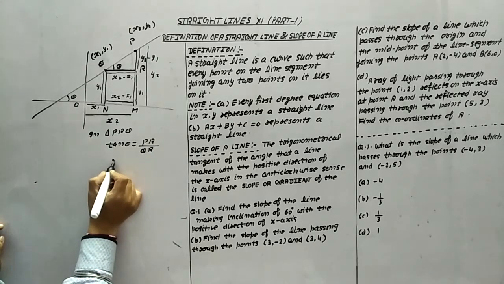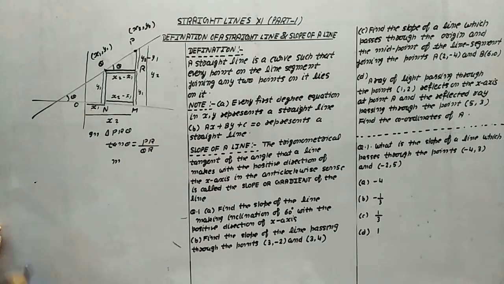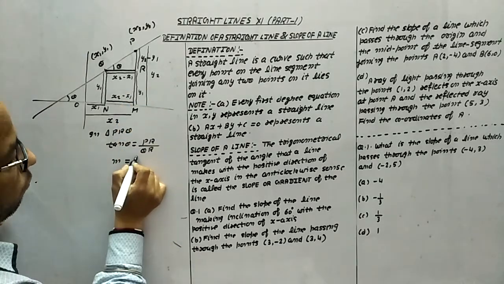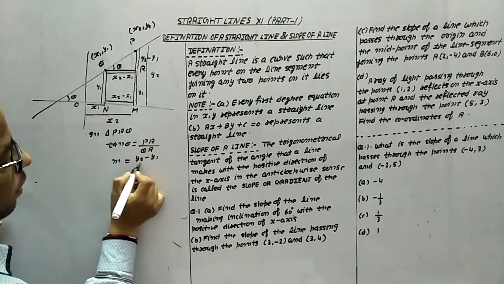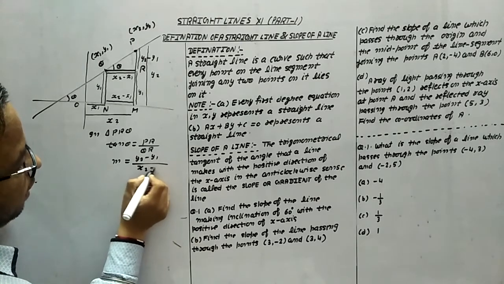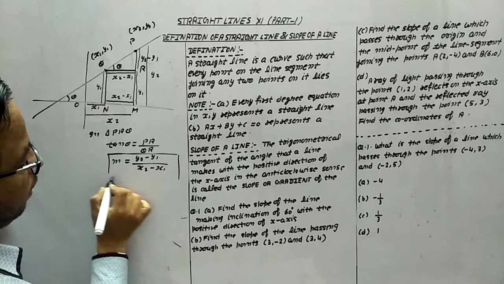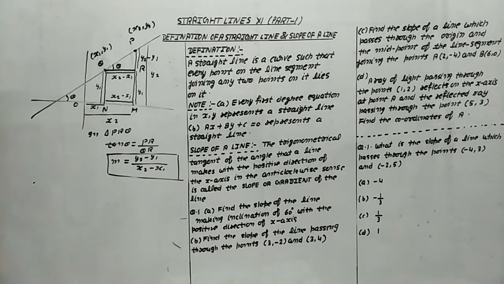Tan theta is represented by m, the slope of the line, and PR is y2 minus y1, and QR is x2 minus x1. So this is the slope of a line when it is passing through two given points.